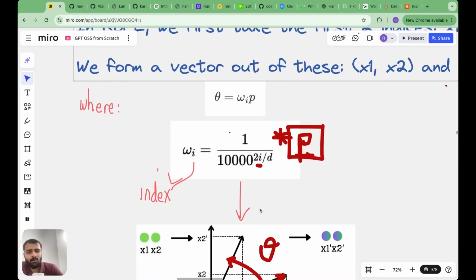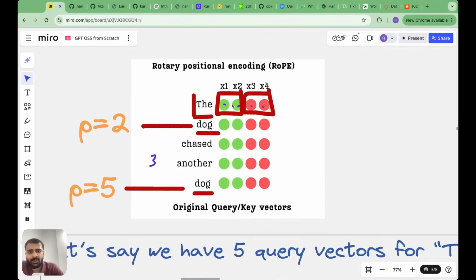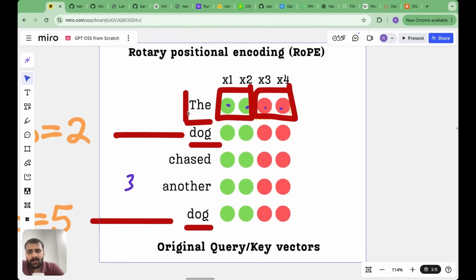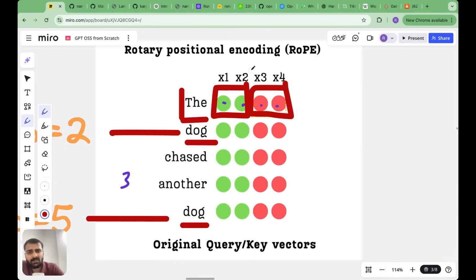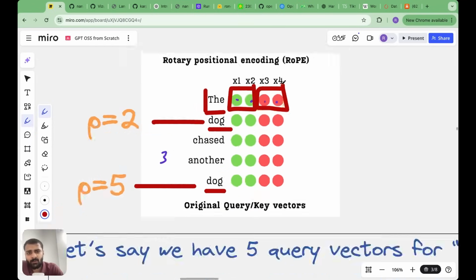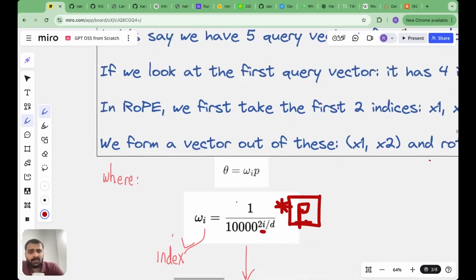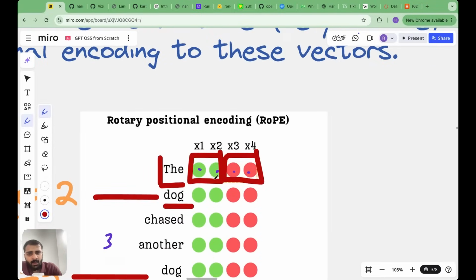But you might be thinking, what is i? So i is essentially the index for one position. The position is fixed, but x1, x2 appear at index number 1 and x3, x4 appear at index number 2. So even for one position, x1, x2 will be rotated by a different amount than x3 and x4. This i comes in the denominator, right? So essentially, the deeper you are along the dimension, the less you will be rotated.